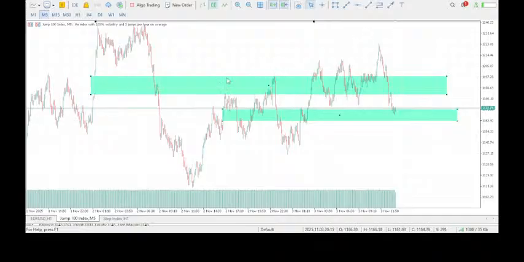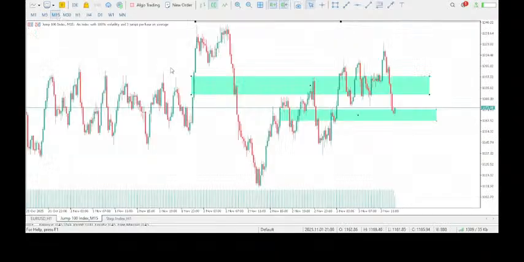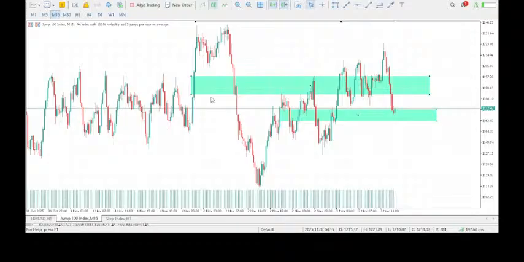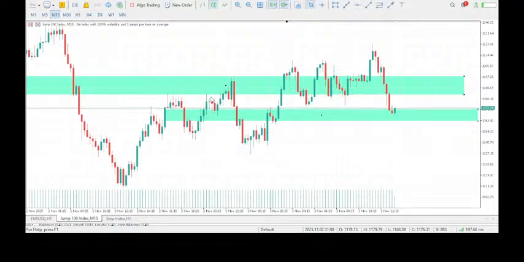But you see the same thing that I found in 5 minutes, it's also a fair value gap here, being respected there. Even if in 5 minutes it was moving and moving, in a bigger time frame it was being respected down there.